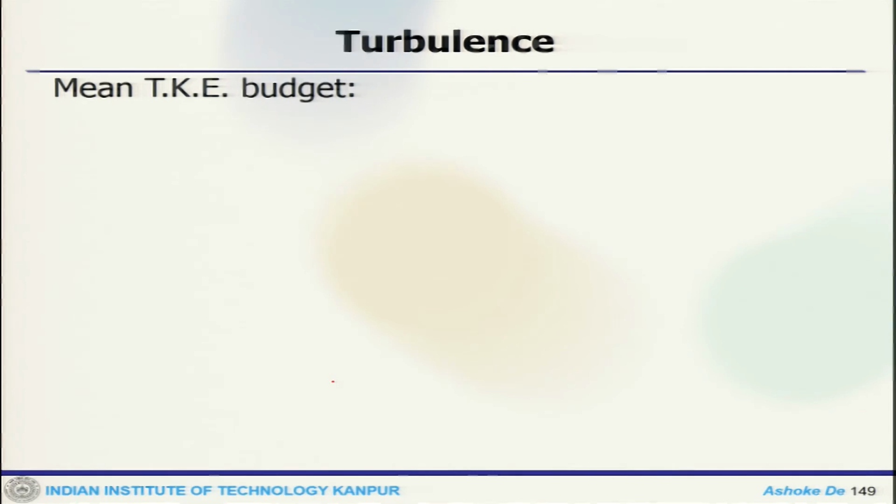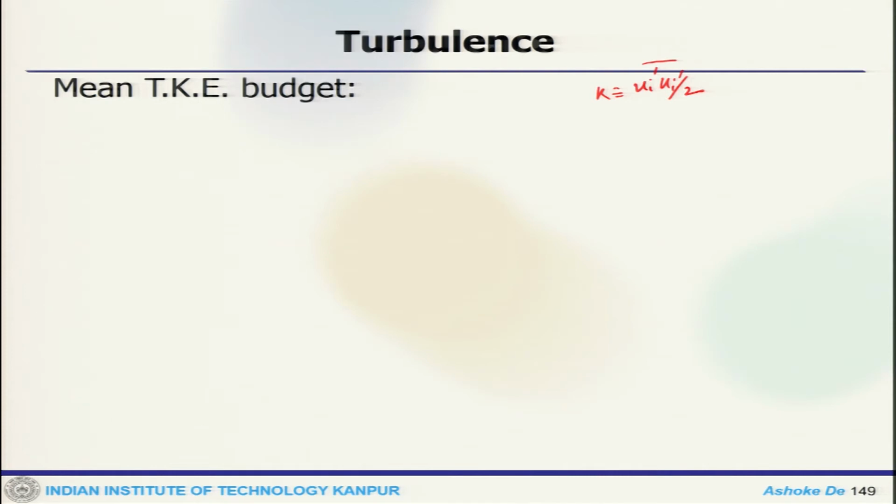Now, we can look at the mean turbulent kinetic energy budget. We can derive this transport equation from the kinetic energy, which we have defined by 2. So, turbulent kinetic energy would be this.